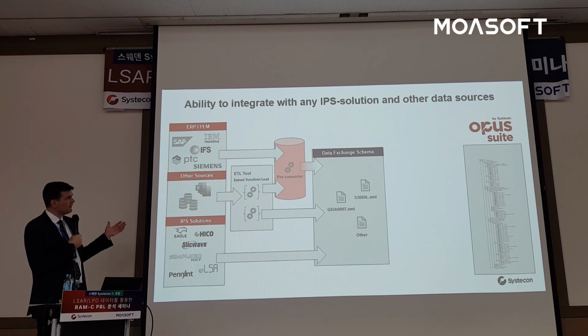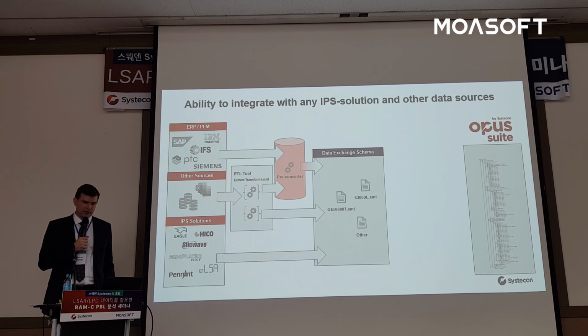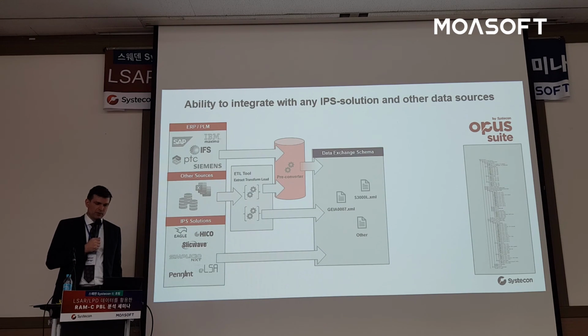So you can use some form of existing ETL tools. There are various extract, transform, load tools that can assist with that and transform the data into a suitable format. And sometimes you may have to develop some kind of pre-converter to make sure that you get that in a format that is suitable for export.